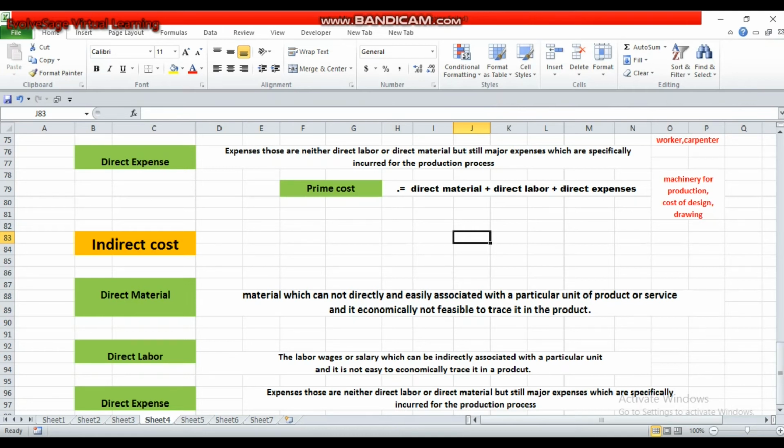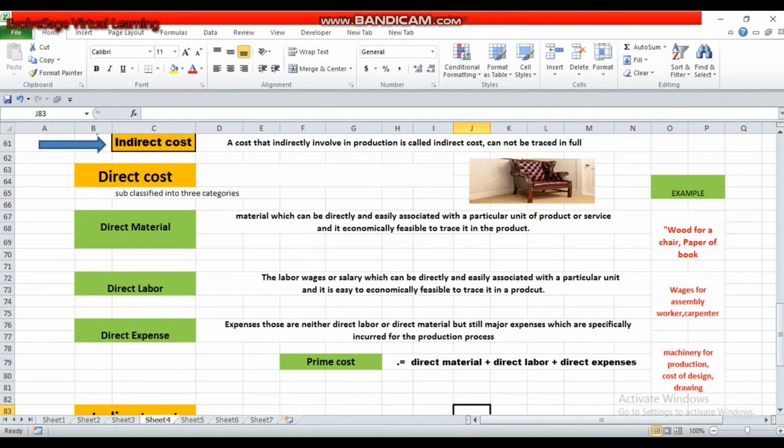As I told you in the example of the production of a chair, the amount of glue that has been consumed in this chair is not possible for us to quantify. Definitely, how much quantity has been used in one chair, it will not be possible that it will be used in the same quantity in another product. So it is not easily identifiable to a specific product.